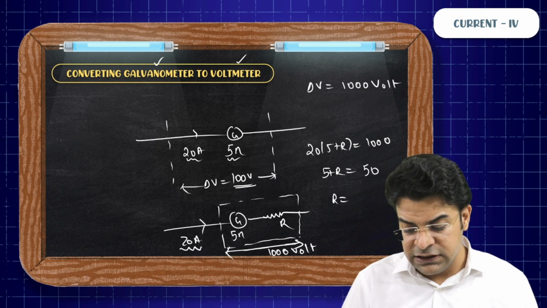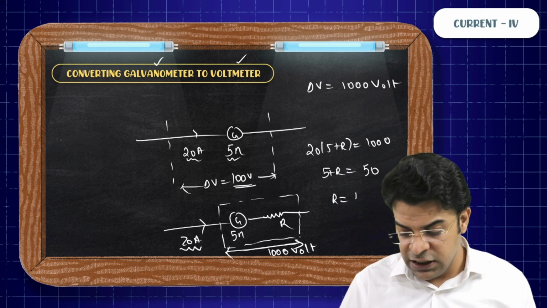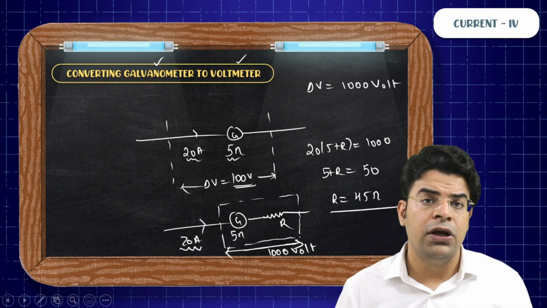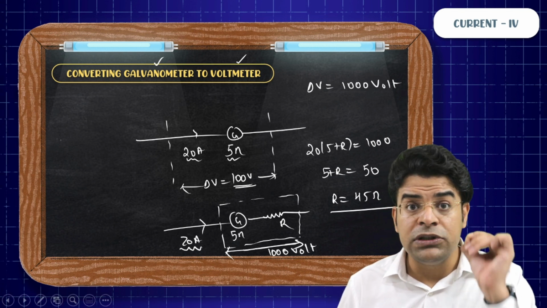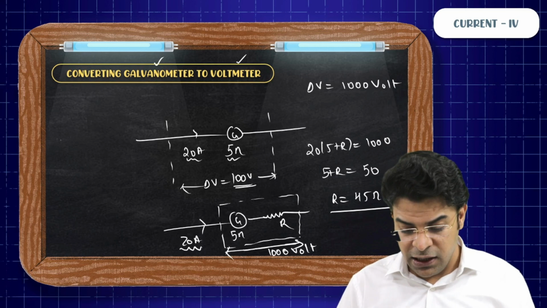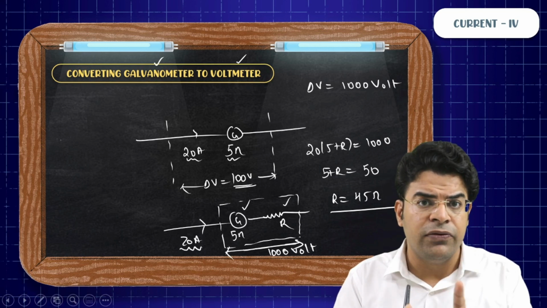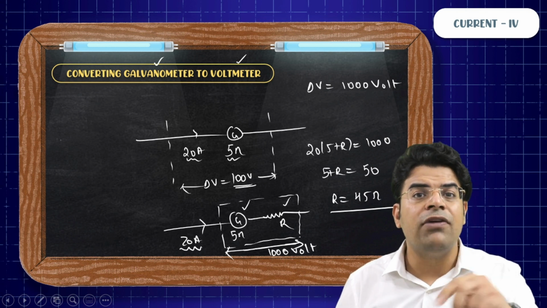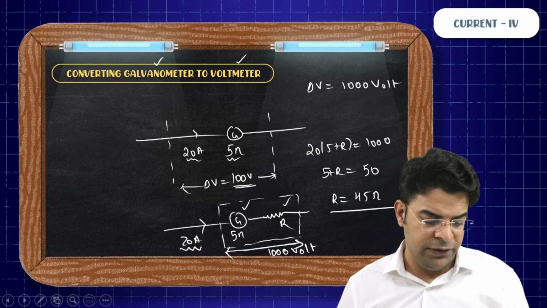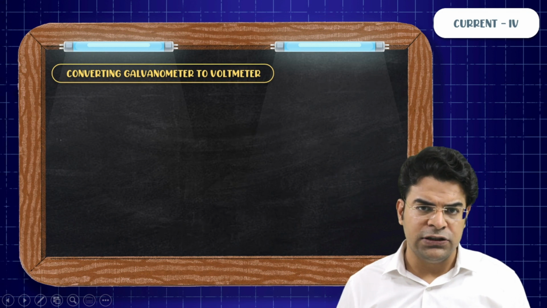So the resistance that has to be connected in series has to be 45 ohm. So we place one more series resistance so that the galvanometer and series resistance combination, which is called the voltmeter, will have a greater potential drop across it. So the same type of theory, let's learn it.